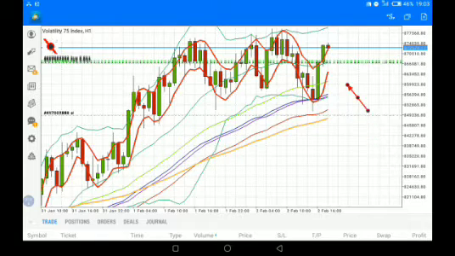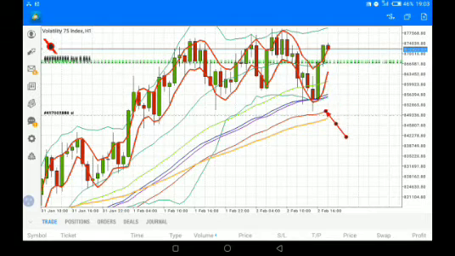So you can see the distance from my entry to my stop loss. The market has all of this area to breathe even if there is a retracement. My stop loss can be struck only if my analysis is wrong.